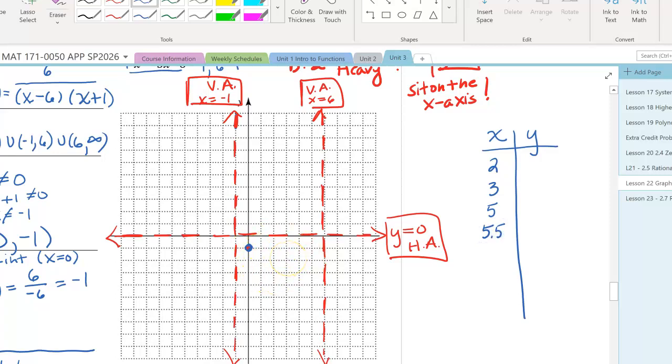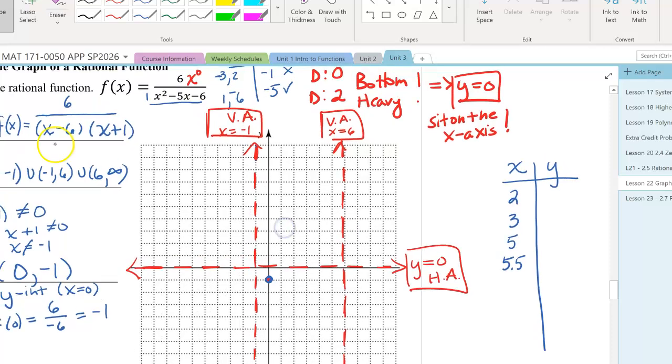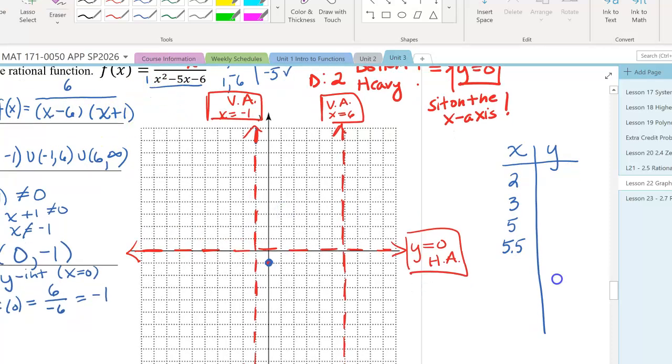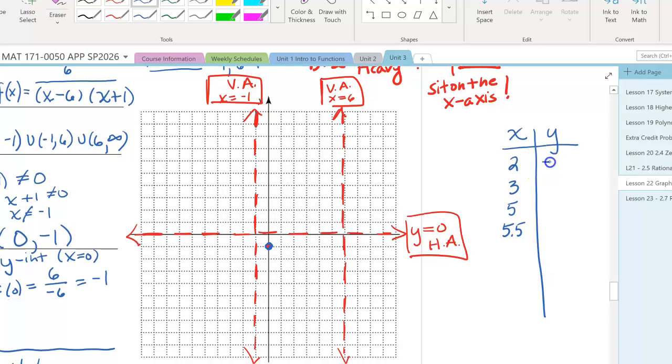So when I plug 2 into this function, and you can plug it in either one, whichever one's the easiest, I get negative 1/2. When I plugged 3, I also got negative 1/2. When I plugged 5, I got negative 1. And when I plugged 5.5, I got negative 1.8.